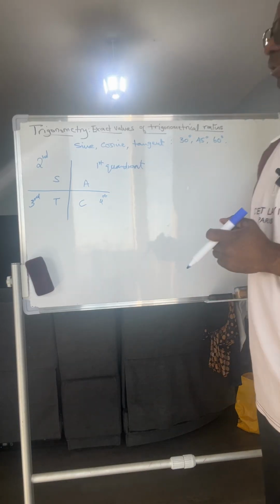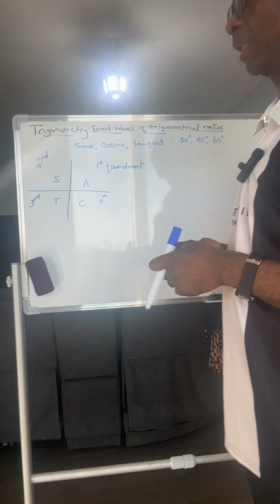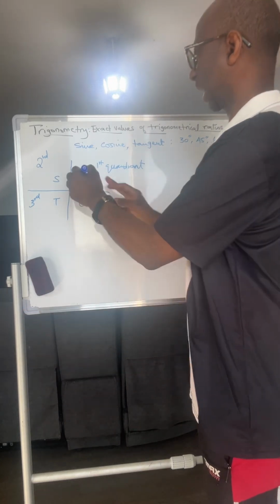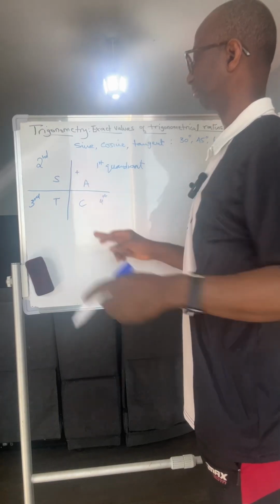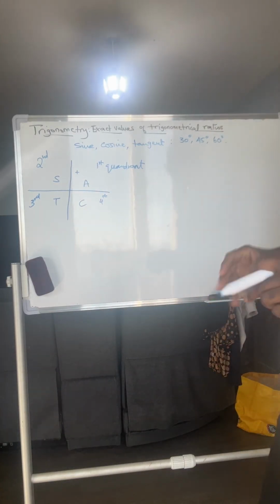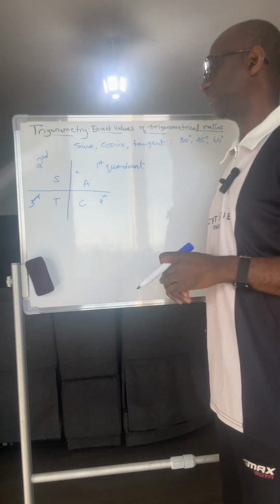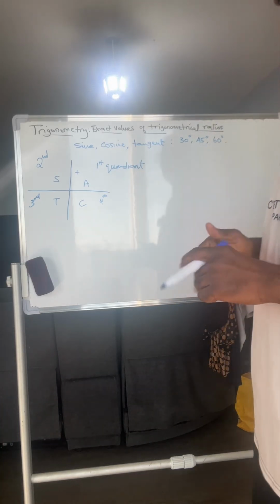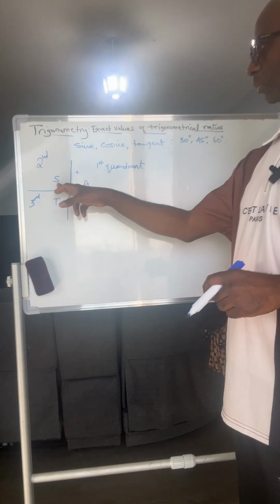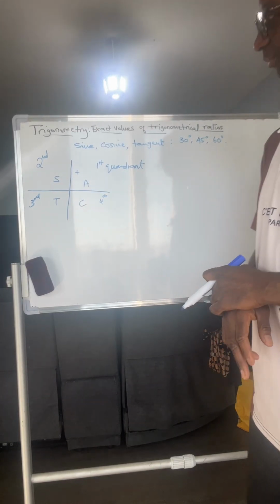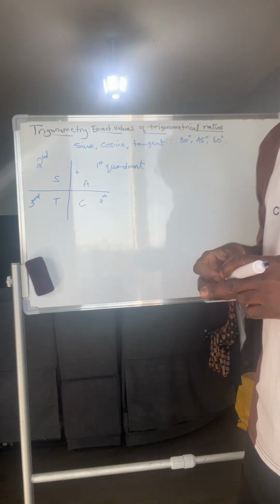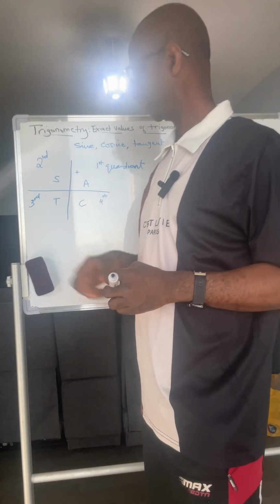So what that is telling us is that in the unit circle, all the trigonometric functions are positive here. All means all 6 of them: the sine, cosine, tangent, cosecant, secant, cotangent, they are all positive here. On this second quadrant, it's only the sine and the cosecant that are positive.